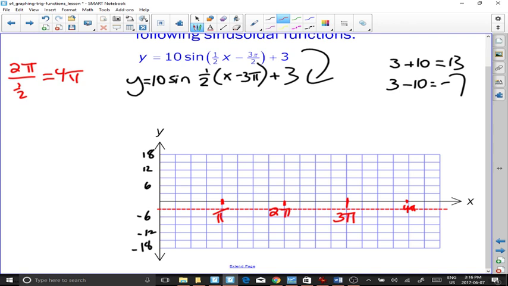If we would start on the median line right here, don't put a dot here, but this is where we would typically start. We have to move 3 pi to the right, so that point doesn't really go there, it goes here. And at the quarter point, we know we'd go up to our maximum.